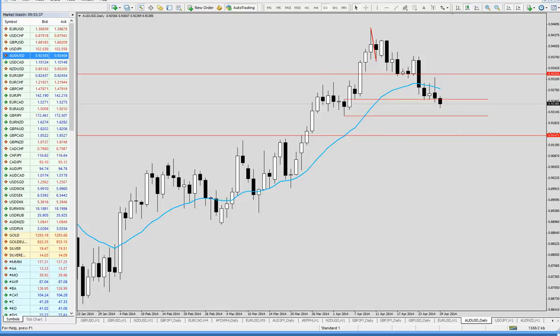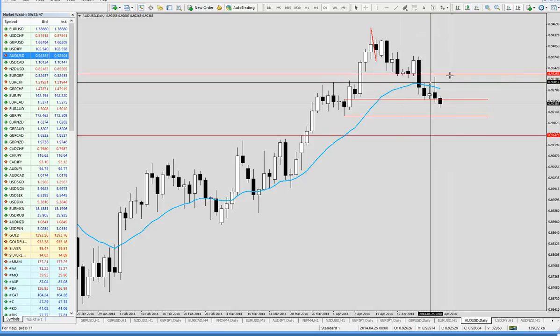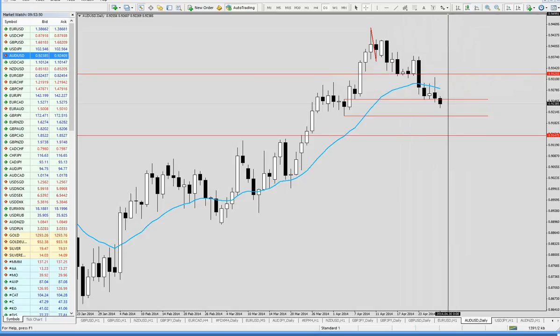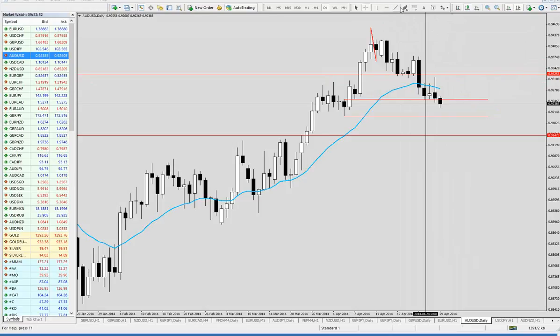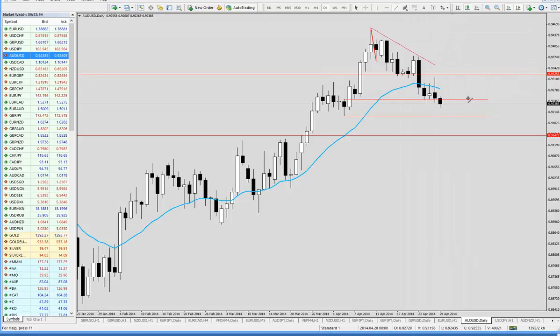I would look for, let me show you, on a daily, I would look for 92.80, 93.25 as selling opportunities, or the dynamic trend line.